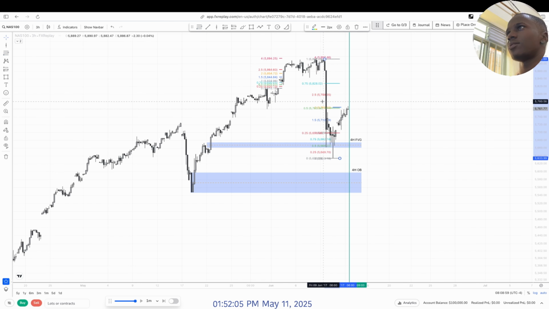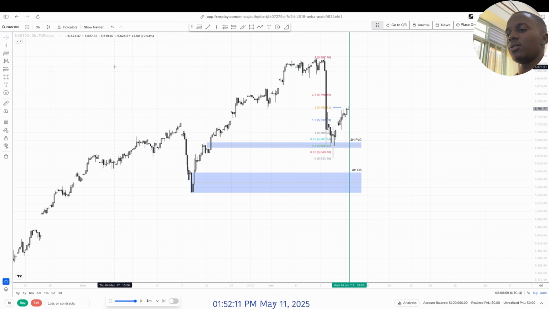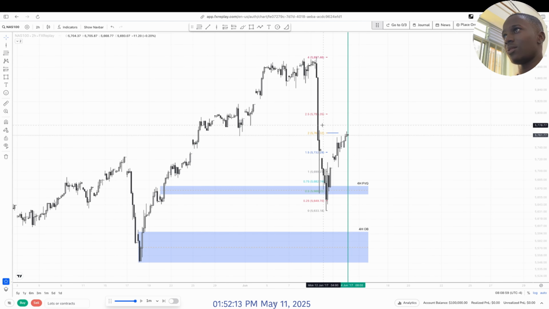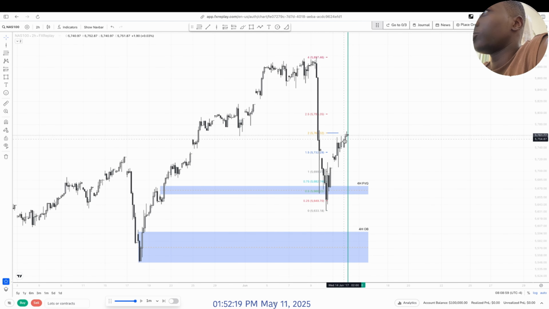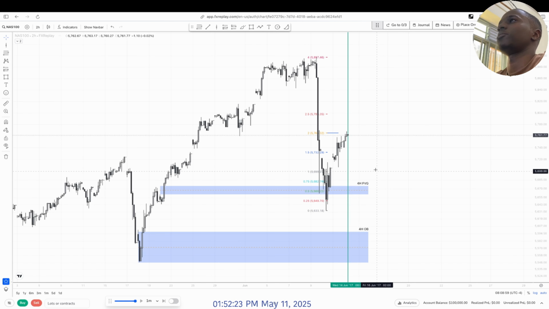The equilibrium is somewhere here near that level 2. I mean, that will be a good one. So which means that this level which we tapped into was the equilibrium. Let's see if it continues to push higher, or if it continues dropping, because that's also possible.